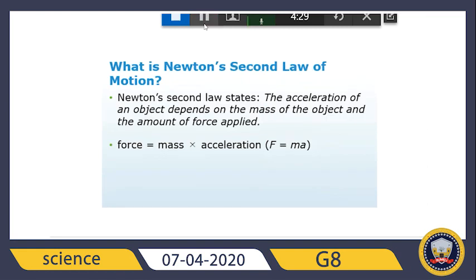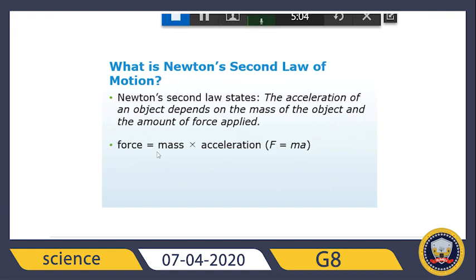Now guys, let us move to Newton's second law of motion. So what is Newton's second law of motion? Newton's second law states that the acceleration of an object depends on the mass of the object and the amount of force applied. So whenever you want to calculate, for example, force for a certain object, you're going to use the following formula.